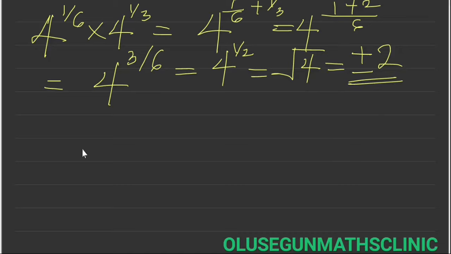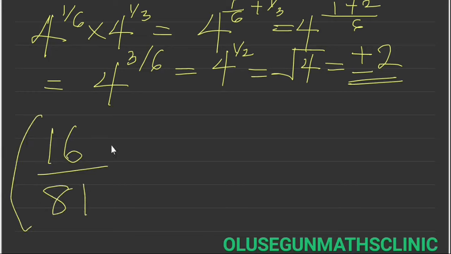So, let's also have another example, like maybe somebody gives you a question. The reason I'm solving many examples is because I want you to get better knowledge of any question on indices.